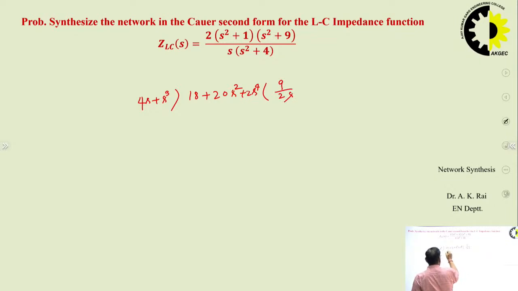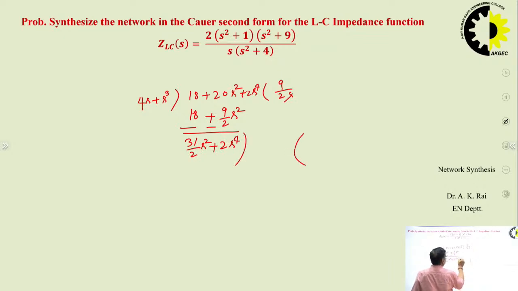Okay, we get the 18 here, then we get 9 by 2s squared. So here we get 31, 25, 20 into 2, that is 40 minus 9, and 31. So 31 by 2 s squared plus twice s to the power 4.